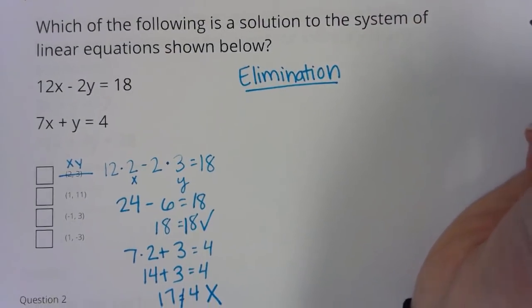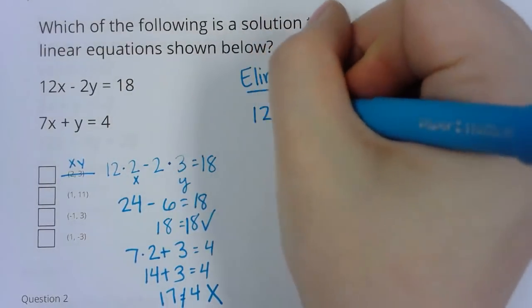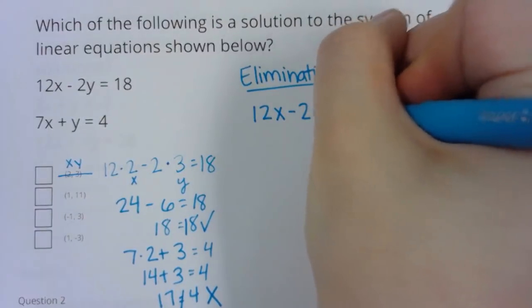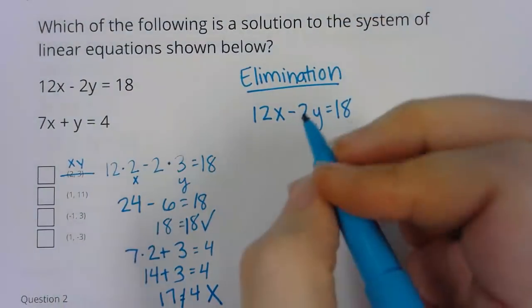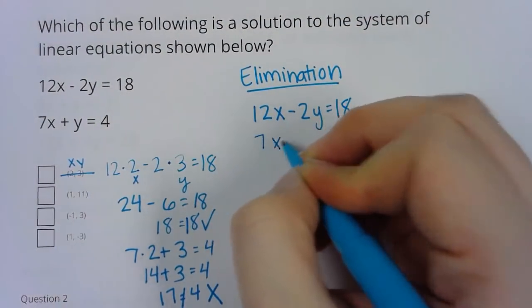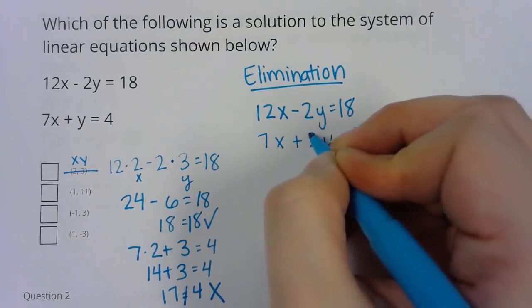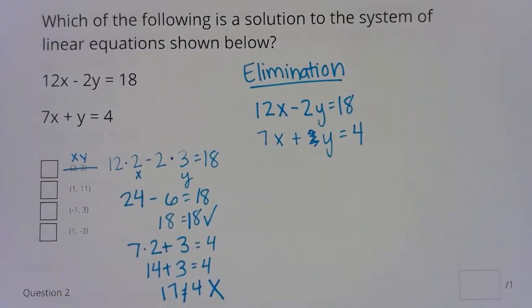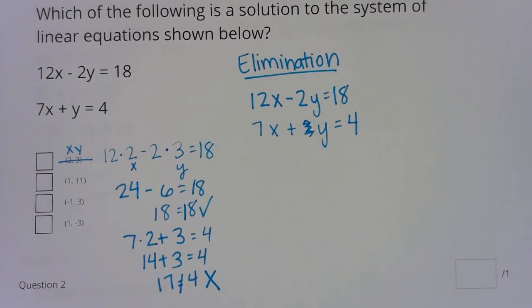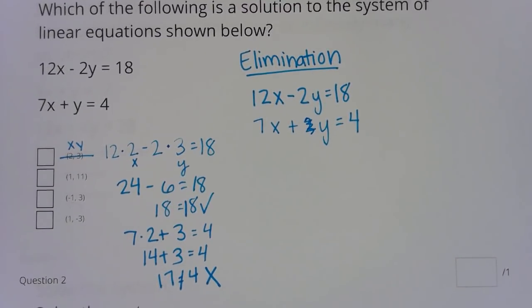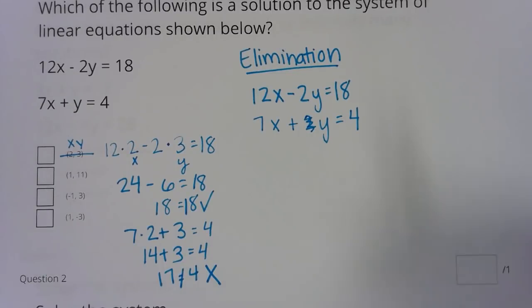So if I were to solve this using elimination, I have 12x minus 2y equals 18, and 7x plus y equals 4. Oh, it's supposed to be y. So if I were trying to eliminate here, then my best bet is to eliminate my y's.